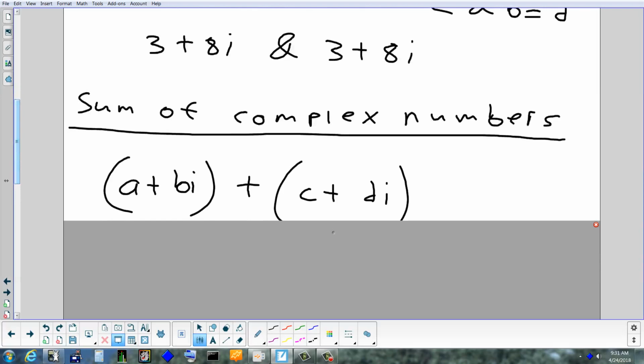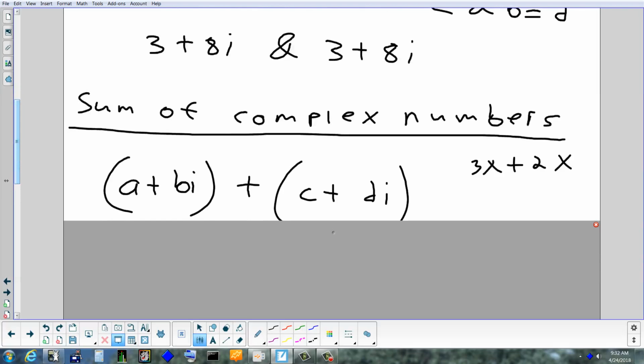And to add complex numbers, you can kind of think of it as like combining like terms. You are only allowed to combine real numbers with real numbers and imaginaries with imaginaries. You can't mix them. Just like you can't mix 3x plus 2y and say, oh, the answer is 5x. No. The only way you get 5x is if they're like terms.